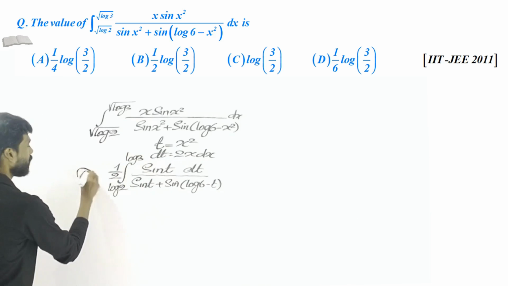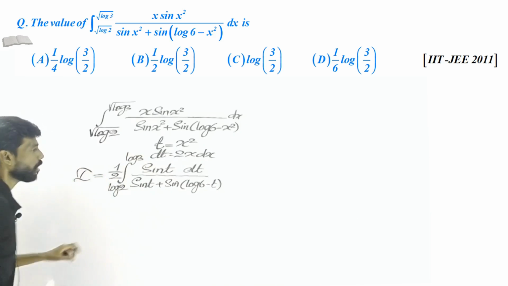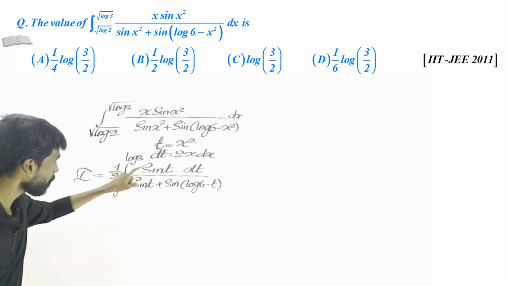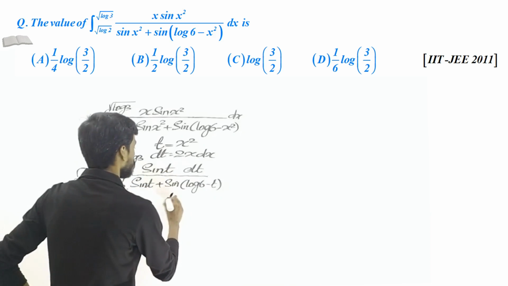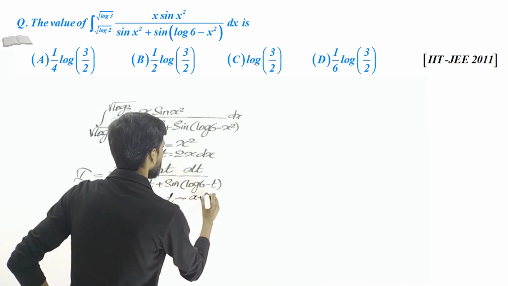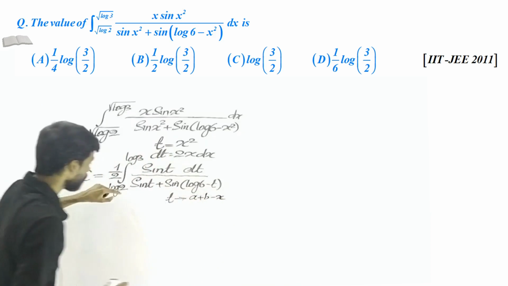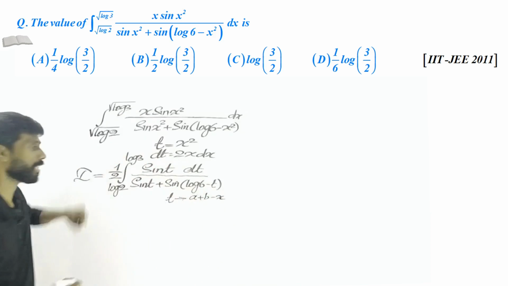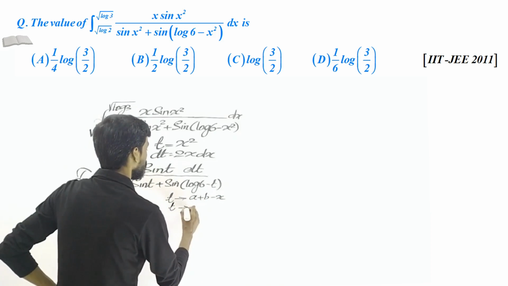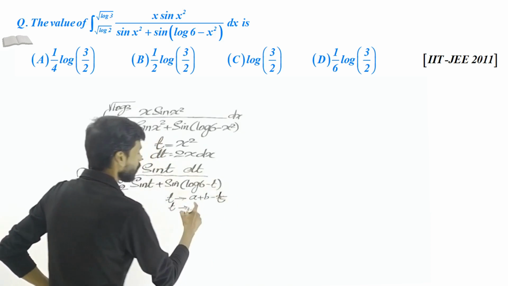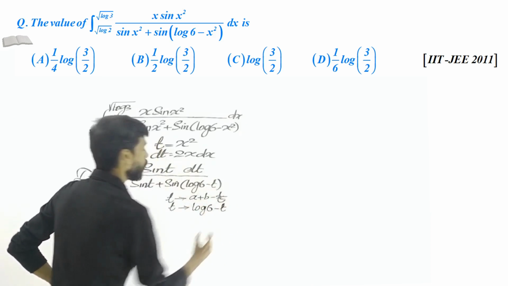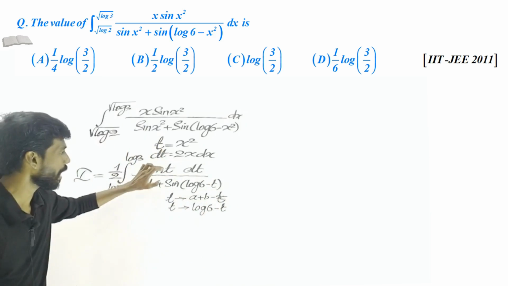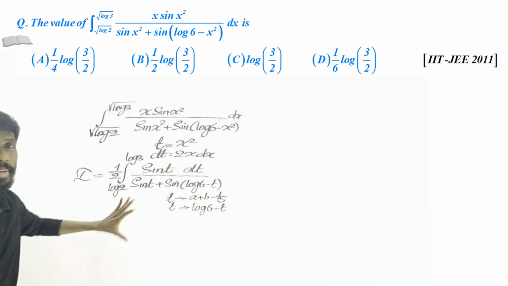So let us take the given integral to be, say, I. Now the same I is found by replacing this t by a plus b minus x. Okay, so we can do this substitution, t is replaced by a plus b minus x, but here a plus b is log 2 plus log 3, that is log 6 only. So a plus b is log 6, so log 6 minus t. So replace this t by log 6 minus t, you will get the same expression.